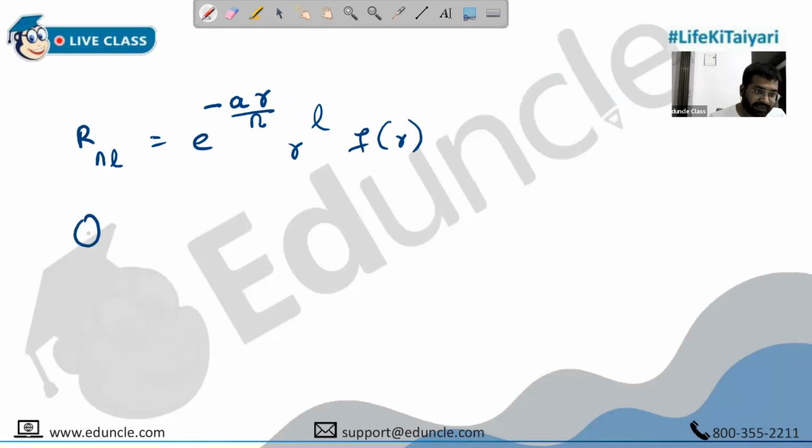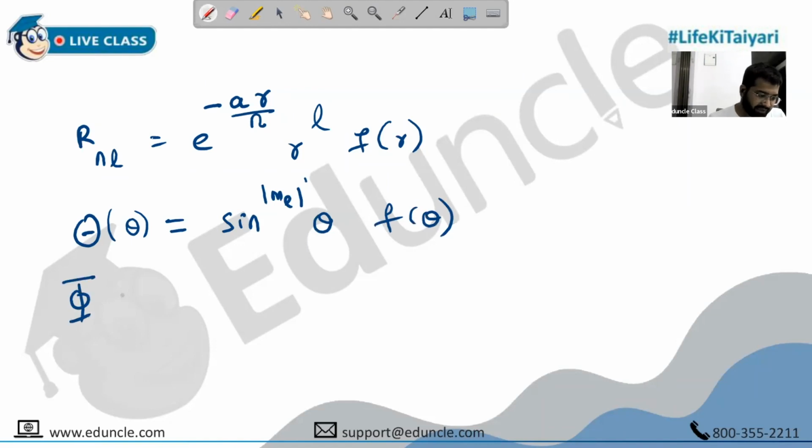Similarly, see, this is an extreme level question I'm speaking about, only because you asked what kind of questions they can create on hydrogen atom. Then Theta of theta is sine raised to mod of ml, and then there is a function of theta. And then Phi of phi is a function of phi, and it is given by e raised to i ml phi. Okay?